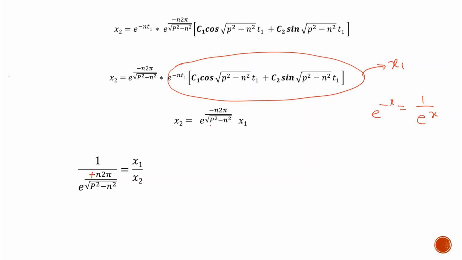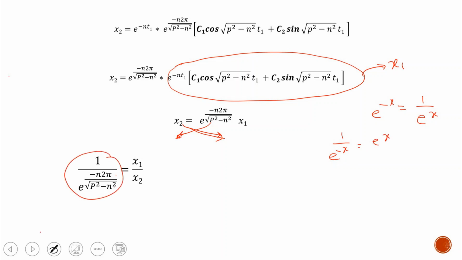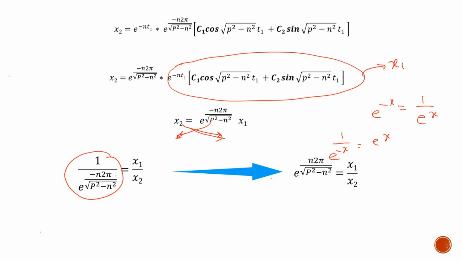So I am taking this into the right hand side and this into the left hand side. So this will become 1 by e raised to minus n 2 pi by root p square minus n square is equal to x1 by x2, and you know 1 by e raised to minus x is e raised to x, so this term will become e raised to x.